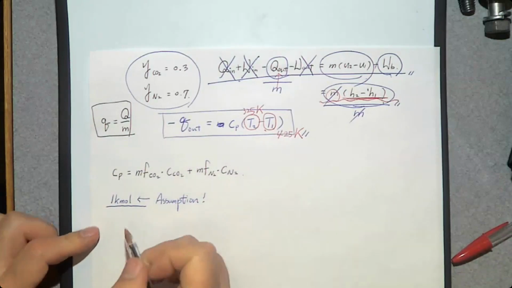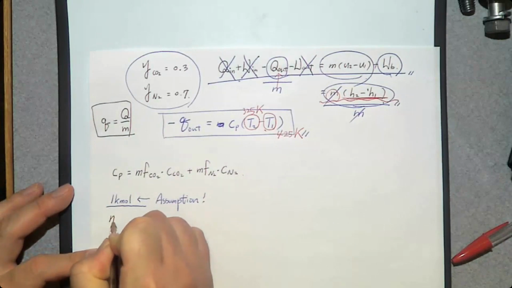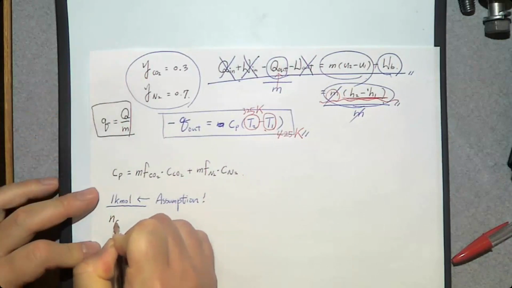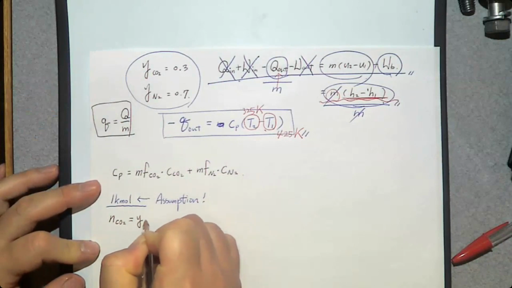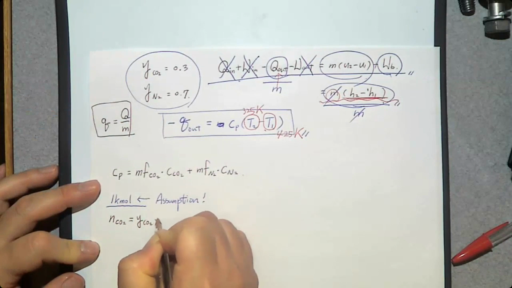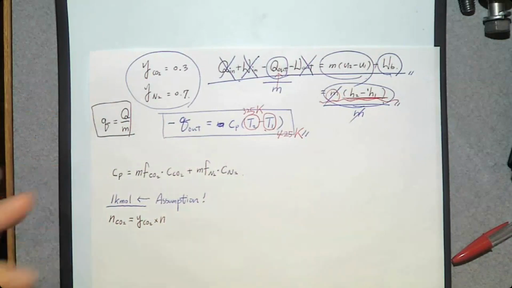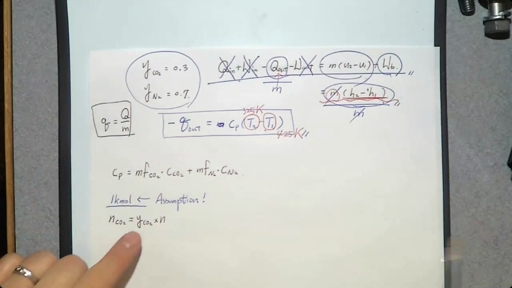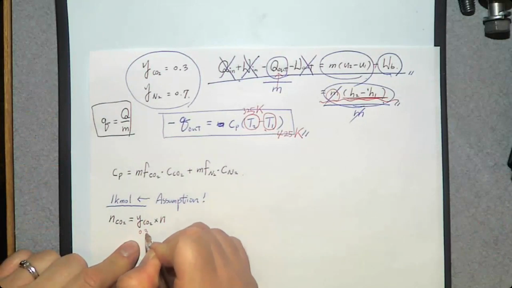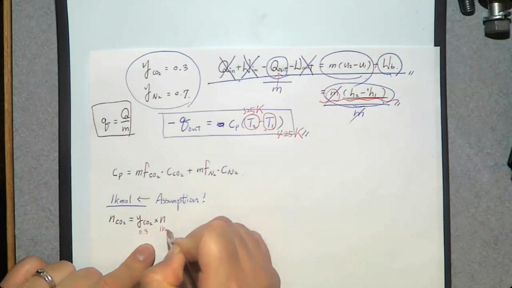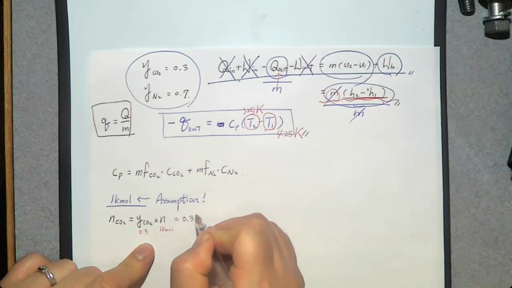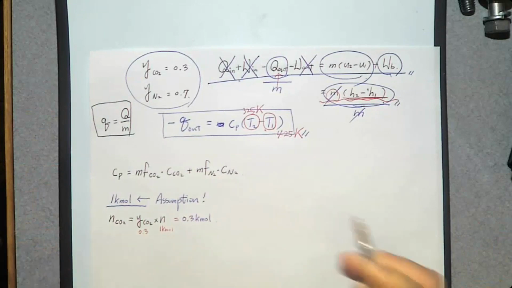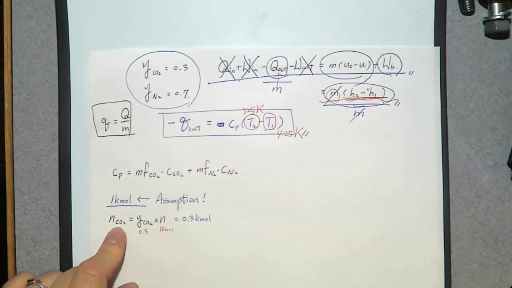Based on this assumption, the number of moles of carbon dioxide can be determined by the mole fraction of carbon dioxide times the total number of moles, which is 0.3 times 1 kilomole. So the answer is 0.3 kilomole. That is the number of moles of carbon dioxide.